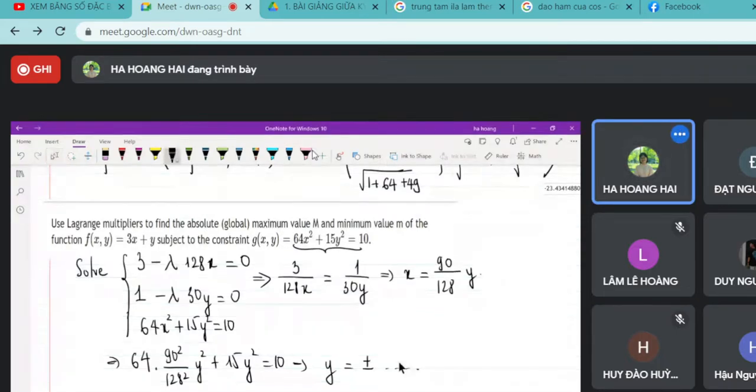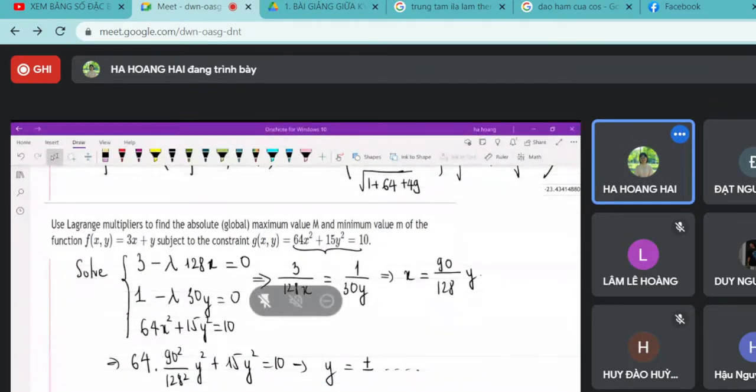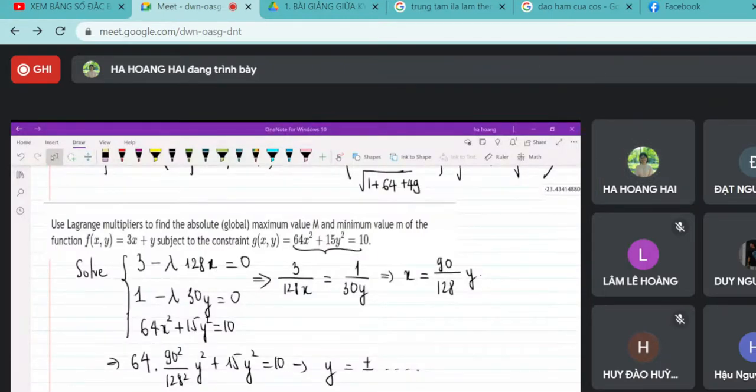Can you check that? I get 1.43 and minus 1.43. Yeah, it's around 1.3 and 1.4, because I do the lambda way. I calculate the lambda and then I use lambda to find x and y.